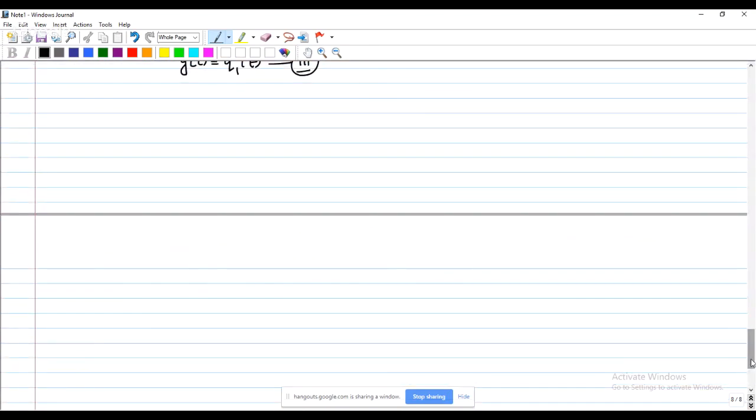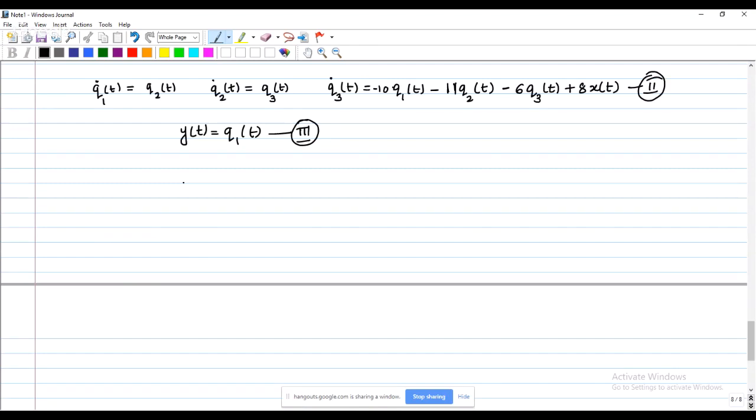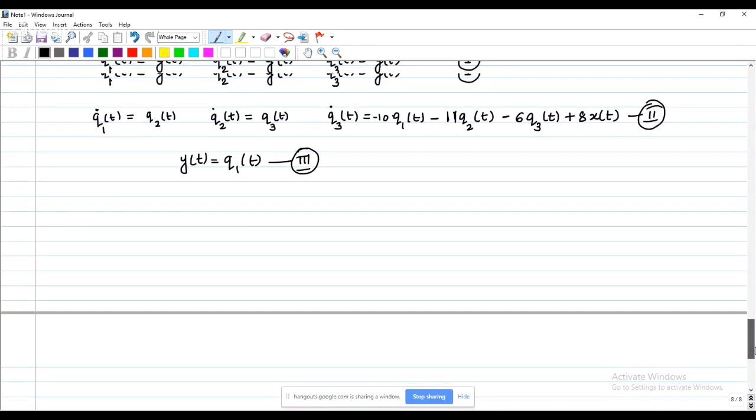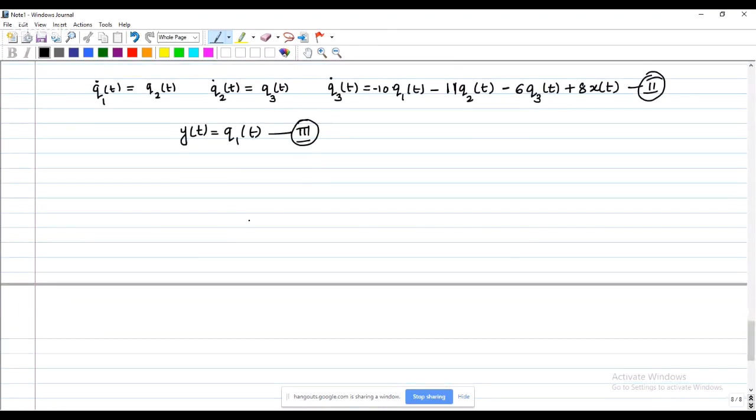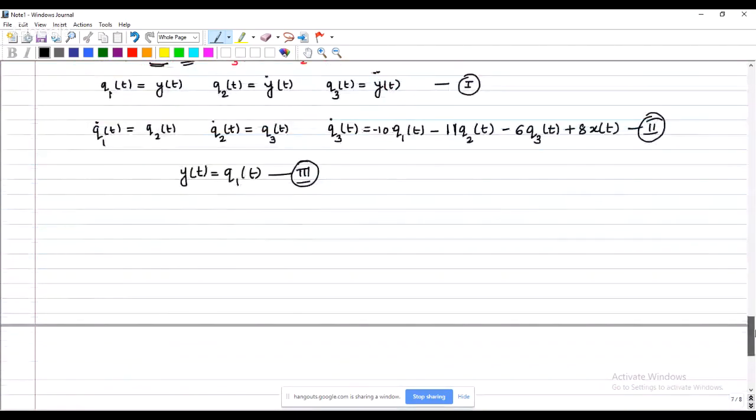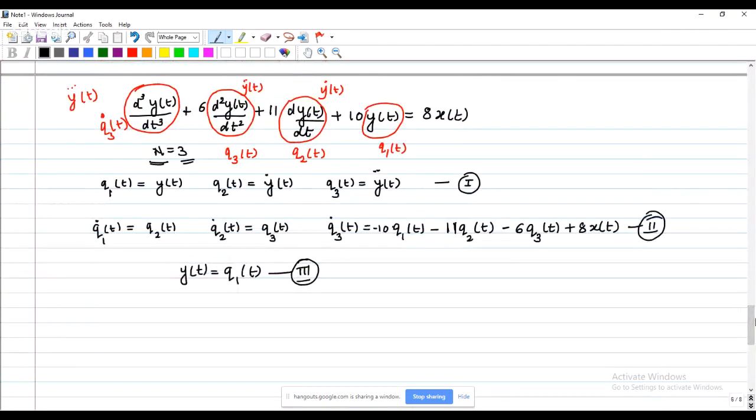Looking at the equations, we will form the state space model. So let us bring all three equations in front of us.